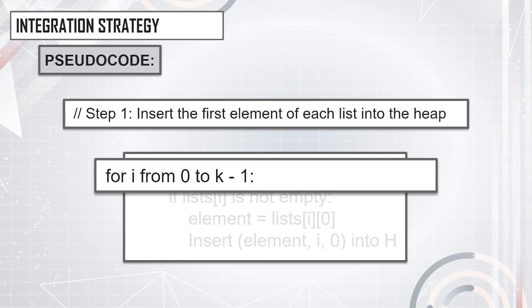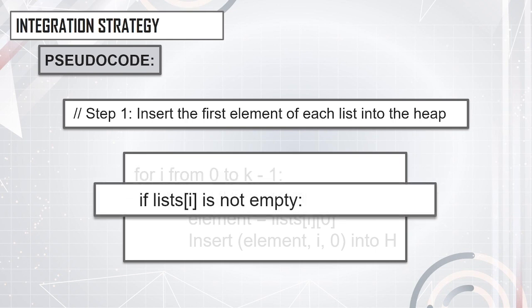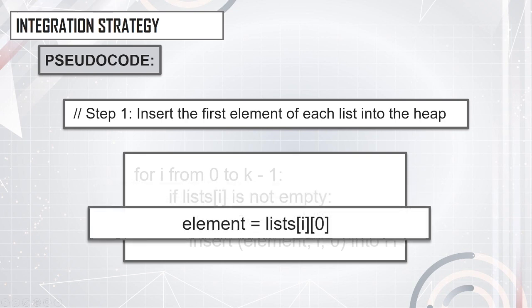So, in the line-by-line explanation of the pseudocode, this line loops through each of the k input lists, and then a crucial check to avoid errors if any list is empty, wherein we are going to use an if statement, which is the line, then the line is used to get the first element from the list, which is represented by i.